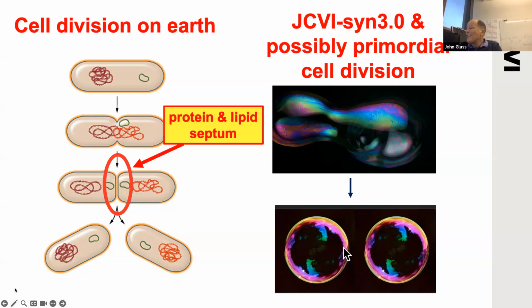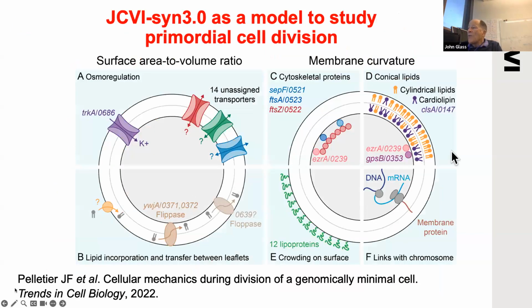We suppose that this might be what's happening, and we're doing some experiments now to think about how transporters may be involved and the forces of membrane curvature. And so we hope to get back with you before too long to let you see a better idea of what ancient cells looked like before we developed modern cell division.